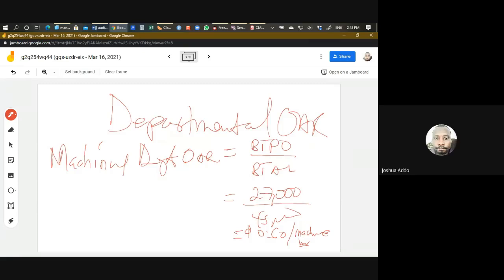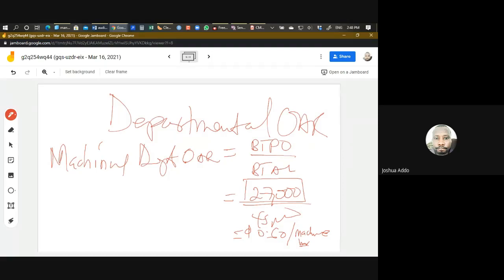The per machine hour means that for every machine hour, we will charge, or every machine hour attracts, 60 pesos of the 27,000 overheads. That's how we are sharing it.